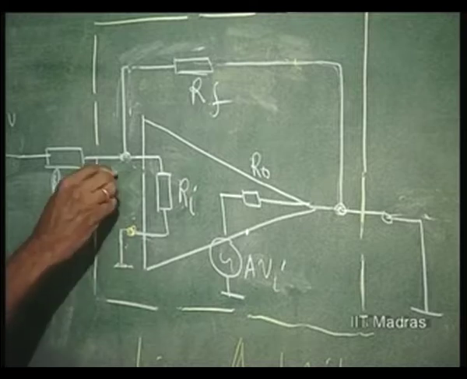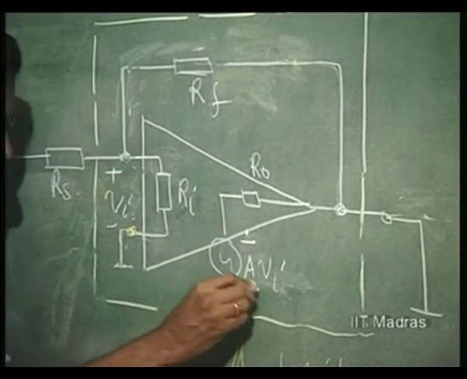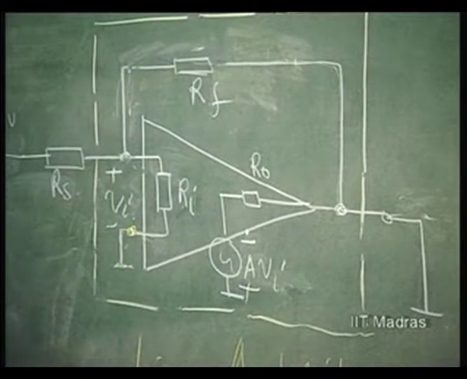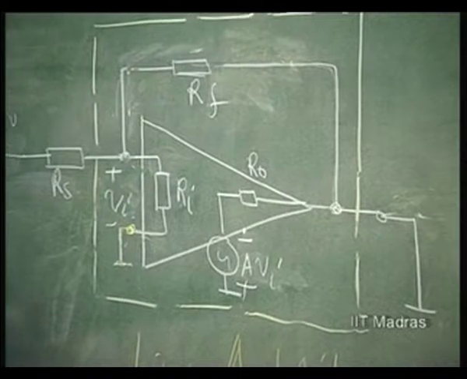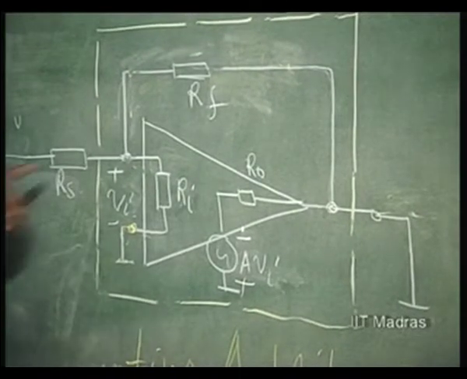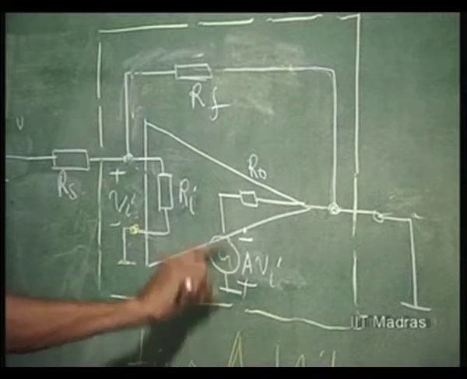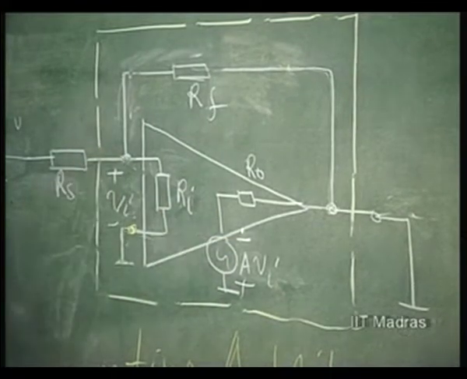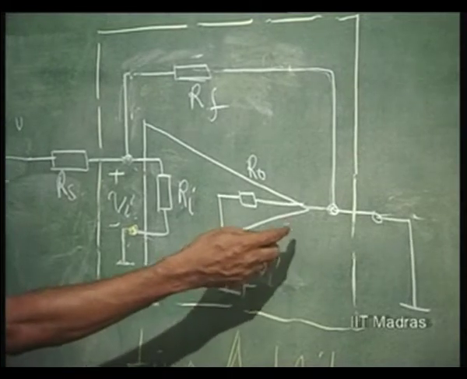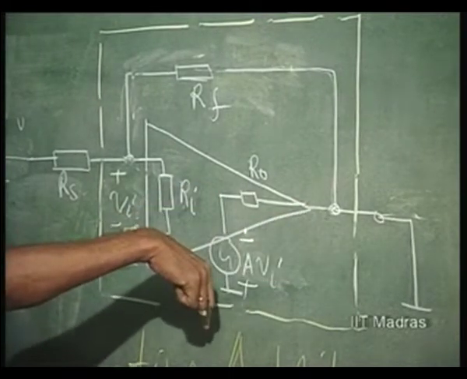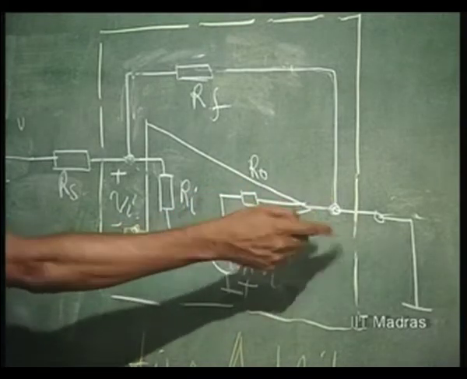Please understand, if this is Vi, then I should put here minus and plus, indicating that there is an inversion. So if this is Vi, there is an inversion, A times Vi here, this is applied to the inverting terminal. So the current is going to be pumped in. If this is plus and minus, it will be pumped out. So now pumped in.